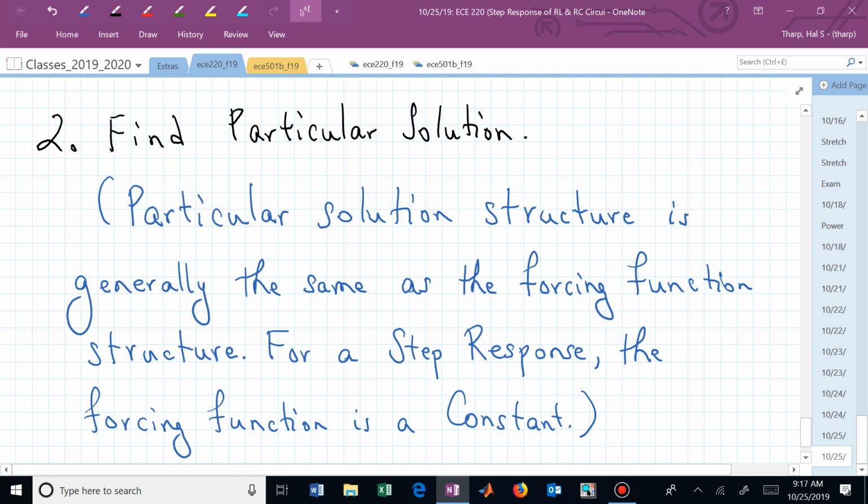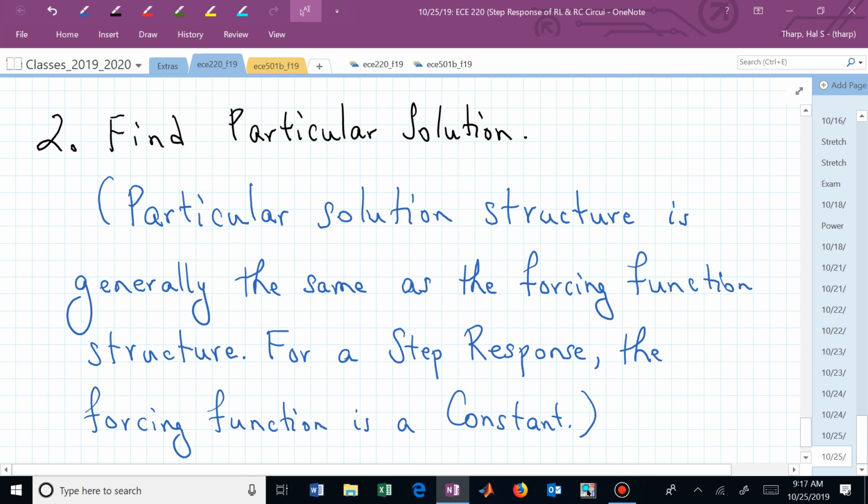That's what we're meaning. We are going to have the same structure for our particular solution, consistent with the forcing function structure. And that's what I'm trying to say here. The particular solution structure is generally that, and you'll learn more about this later when you start exciting the circuit with an exponential, and maybe that exponential is actually one of the natural modes of your circuit.